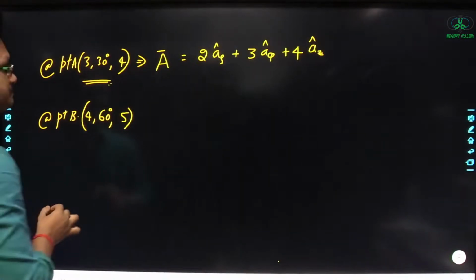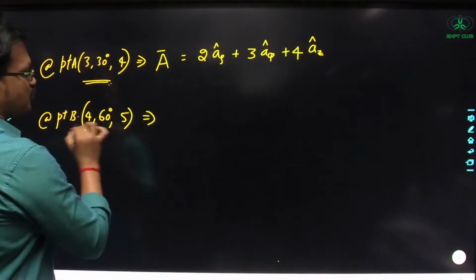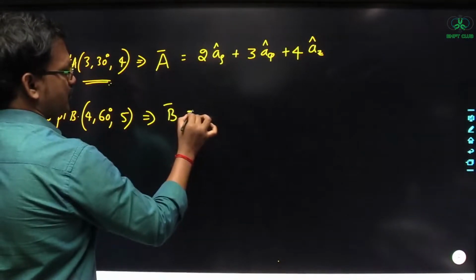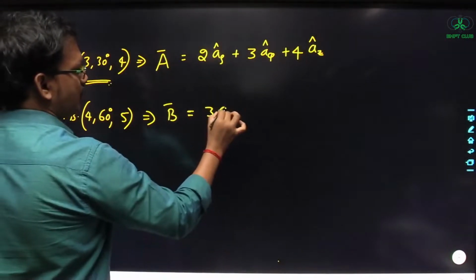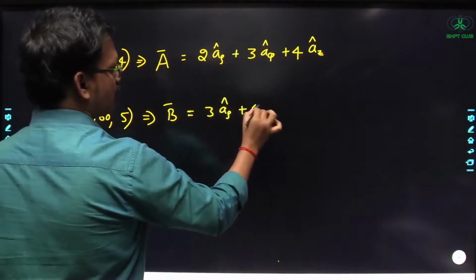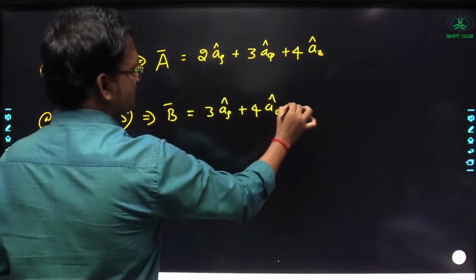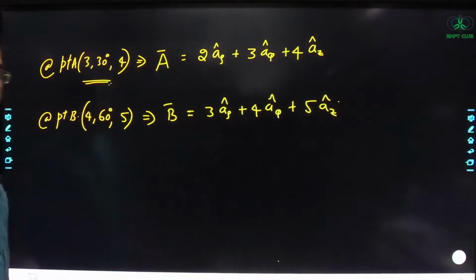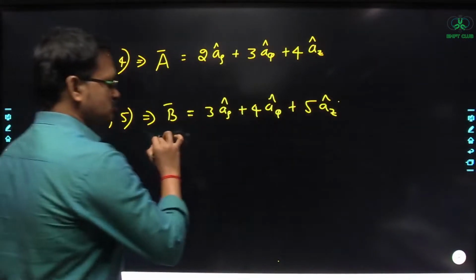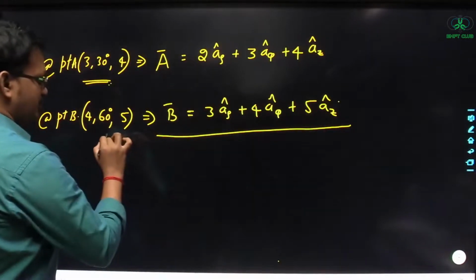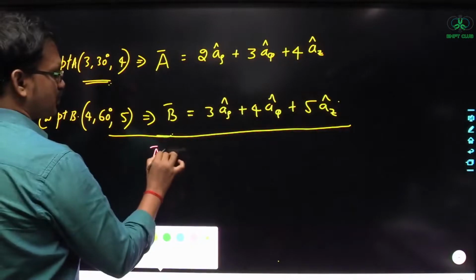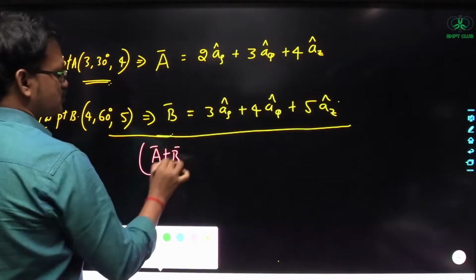Here at this point I am defining another vector, b bar equal to 3 arrow cap plus 4 a5 cap plus 5 az cap. Now if I ask you to determine a bar plus b bar here, this is equivalent to what?